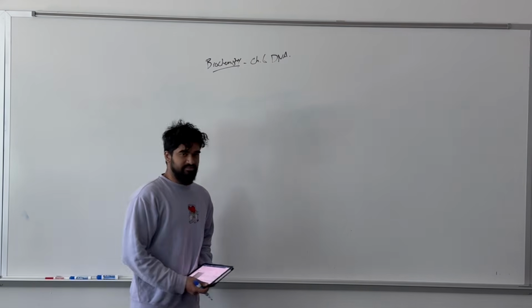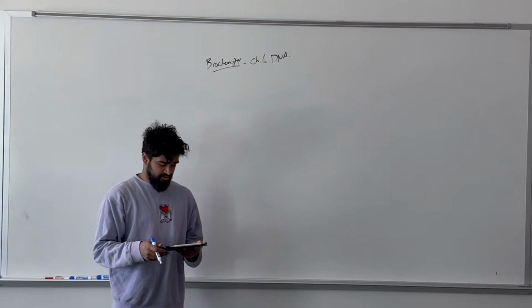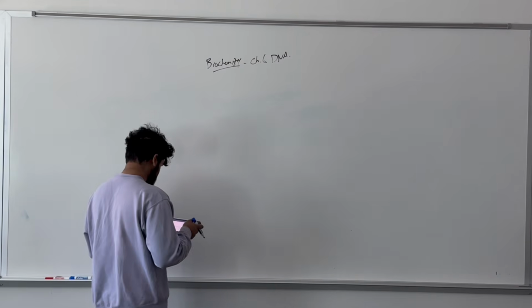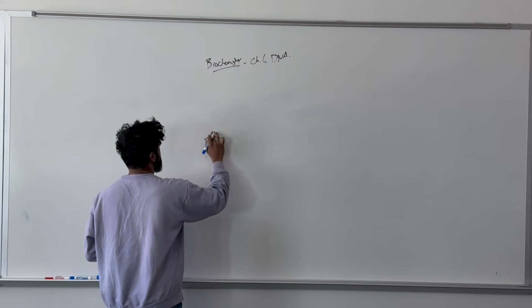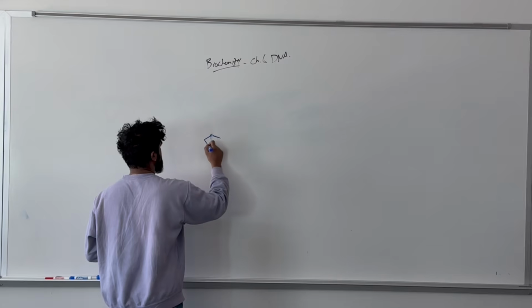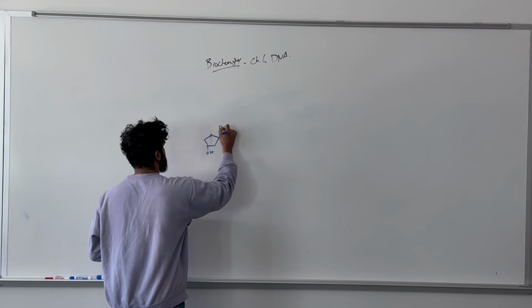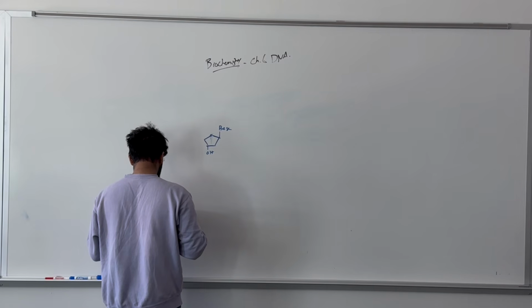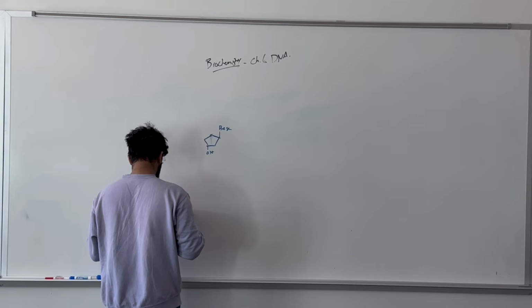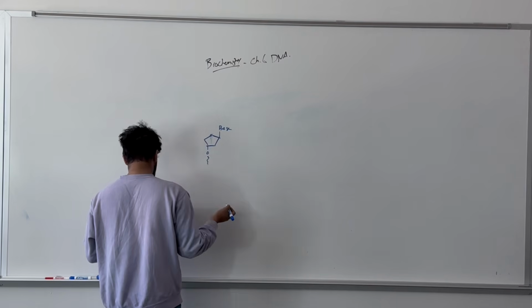Let's talk about the backbone of DNA. If you have a ribose sugar, and you have a base, and then here I'm going to say that you have a continuation of this chain.